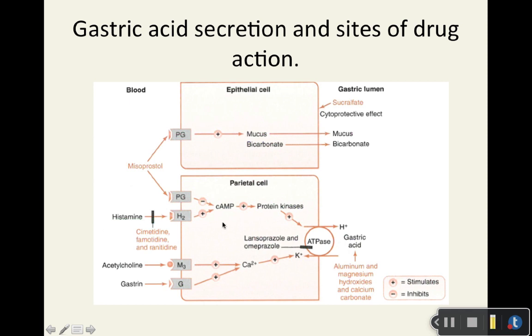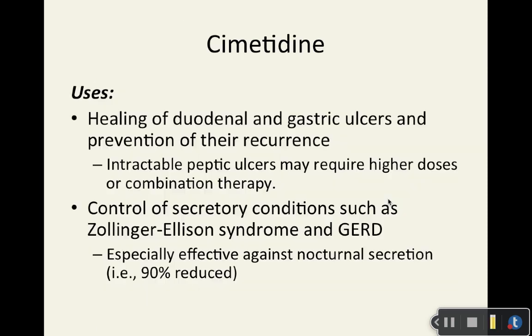If you look at the cascade here, acetylcholine and gastrin can still have their effects, and prostaglandins (PGs) can still have their effects. So they work and they're helpful. But as we'll get into with the other ones, specifically the proton pump inhibitors, they're a little less effective. But it's still great medication. You see them prescribed a lot, used a lot, like I said, over the counter and prescription.